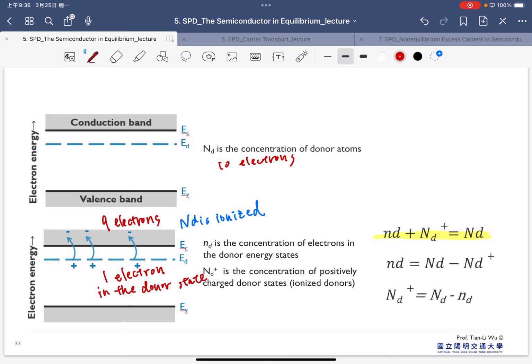And because 9 electrons jump above the conduction band, 9 positive charges are left in this region here. So we will have the 9 positive charges.